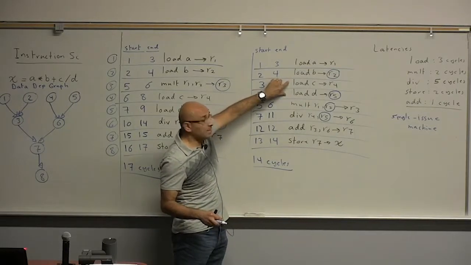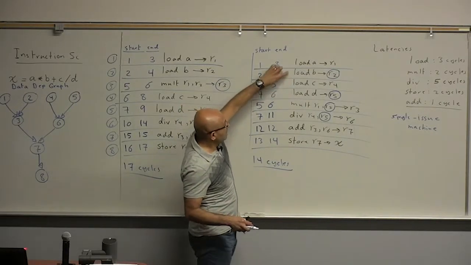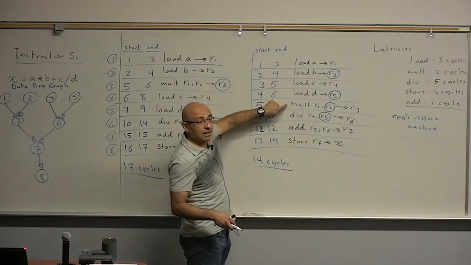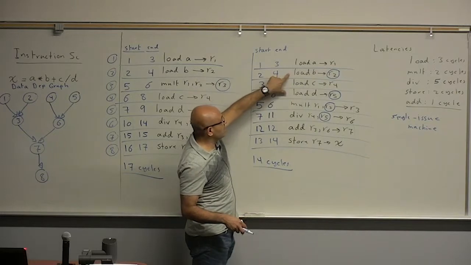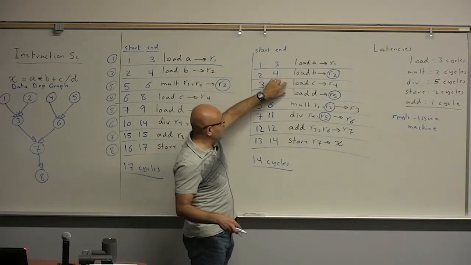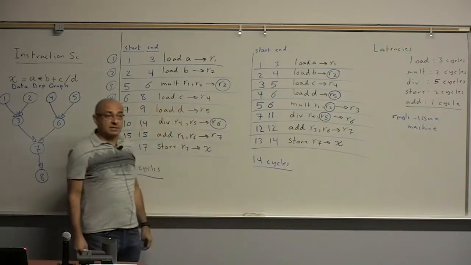It placed independent instructions between this load and the consumer of the load, which is the multiply. So the multiply consumes the result of the load. The load has a long latency. So in this long latency, we put some independent instructions.